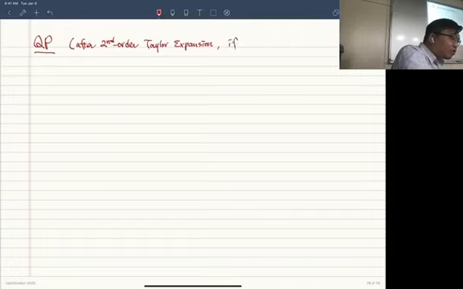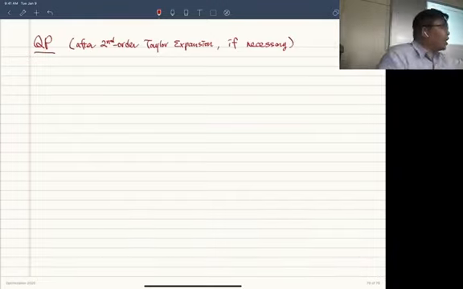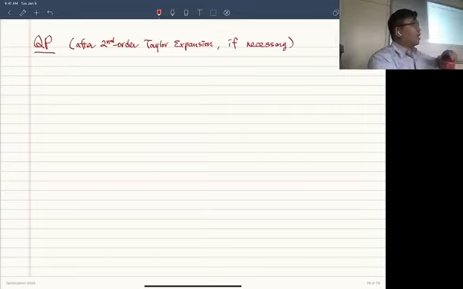If the problem by itself follows the format, you don't need to do Taylor expansion. But if the problem is in a higher order, then you need to do a 2nd order Taylor expansion.